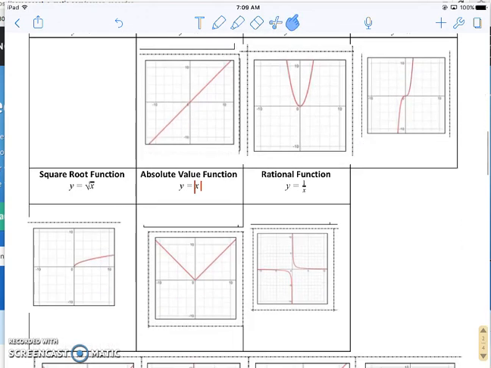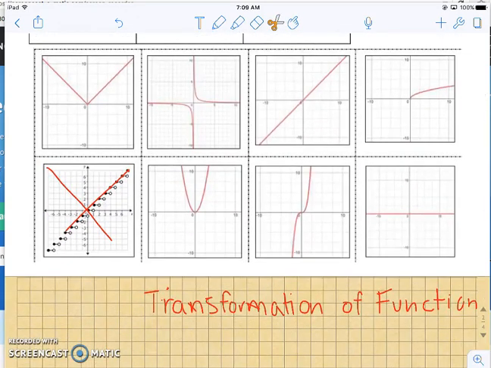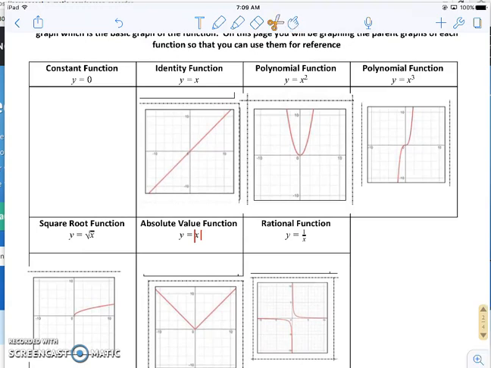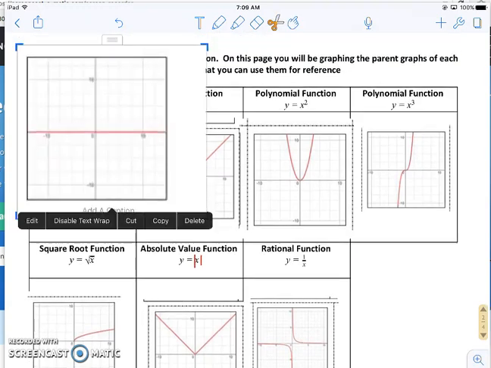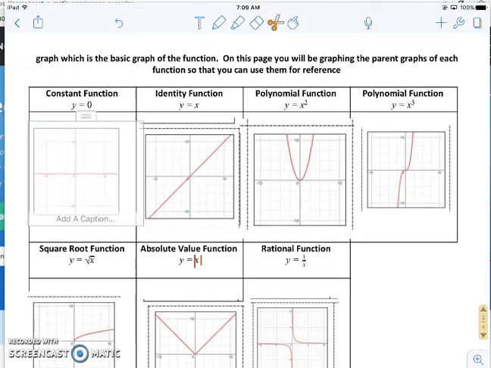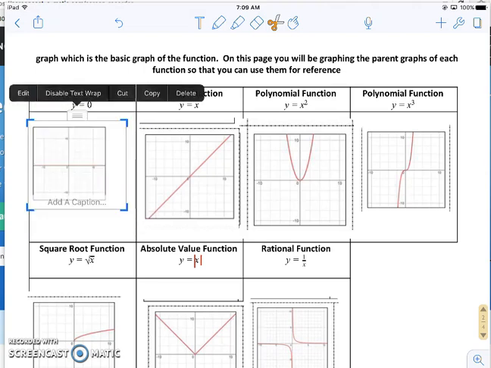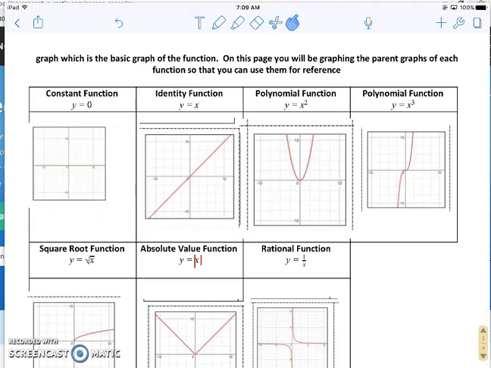So our last one, y equals 0, that constant, would be this one. And so what we're going to talk about is transformations of these.